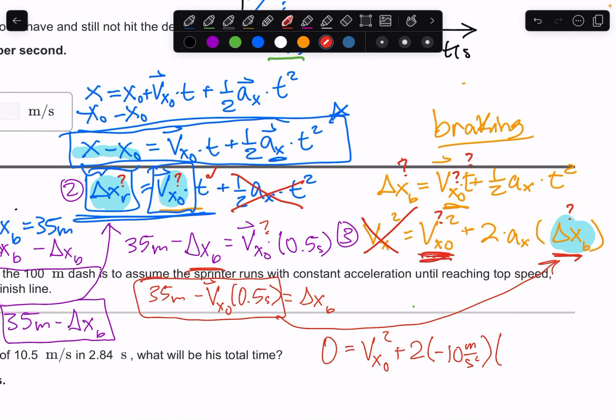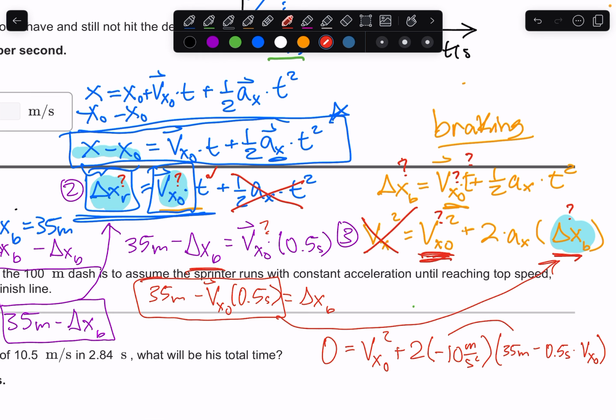So it's 35 meters minus 0.5 seconds times Vx initial. And so now I just have one equation and one unknown.